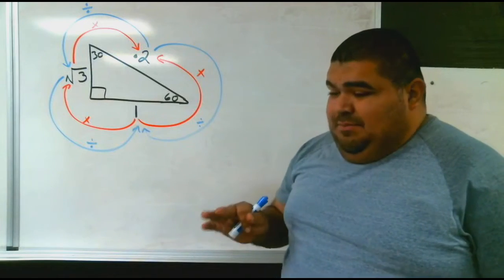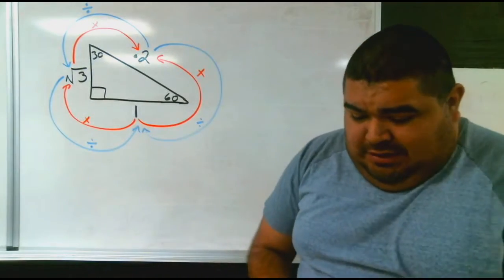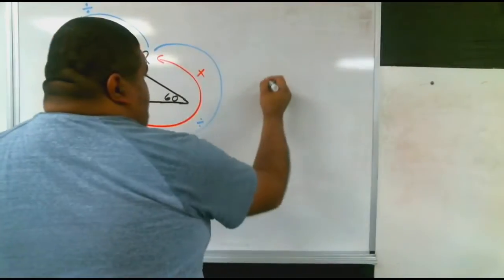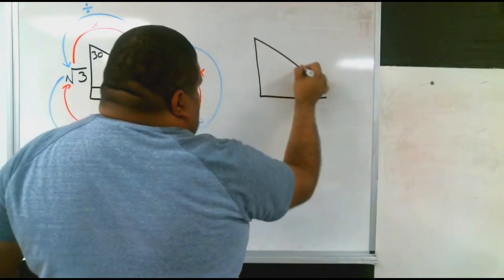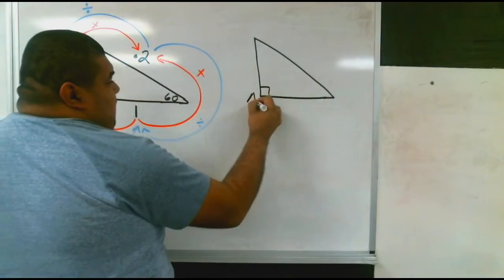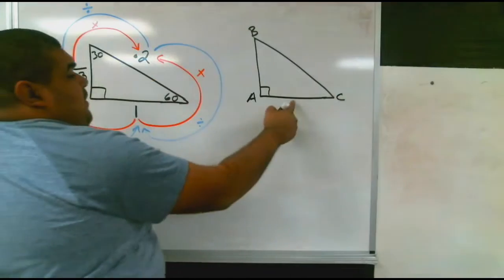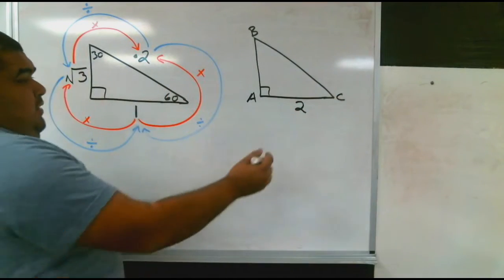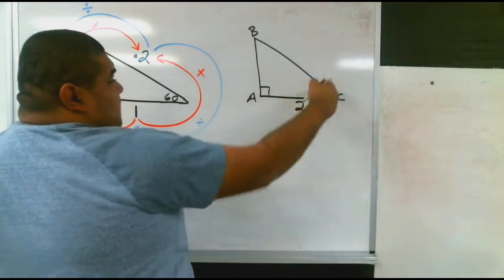Now, keep in mind, guys, if I have a triangle, again, we have a right triangle, we have A, B, C. If the value down here is 2, and we want to find AB and BC.